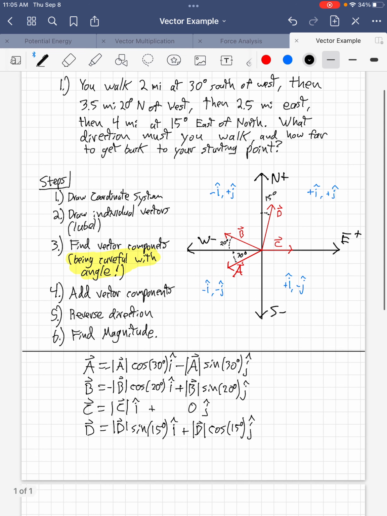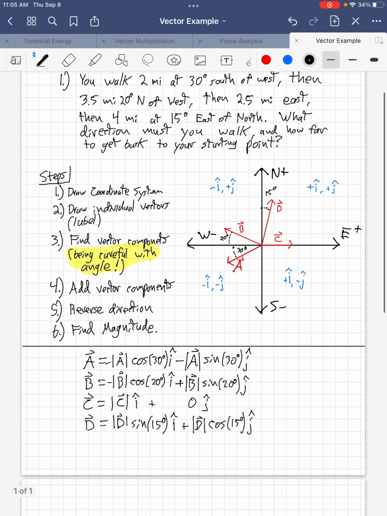All right, so since we're kind of subsequently walking each of these vectors, and we want to know where we end up before we have to turn around, we would want to add up all these vectors. So first, let's just plug in our numbers and do our calculations. A is going to end up being negative 1.73 miles in the i direction.